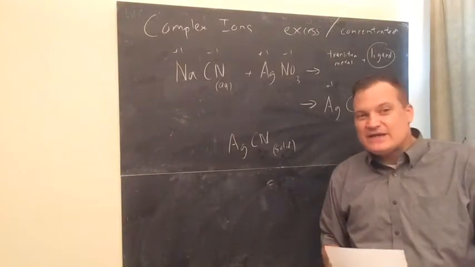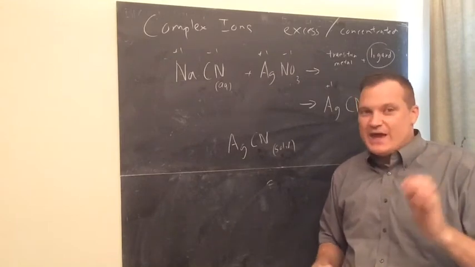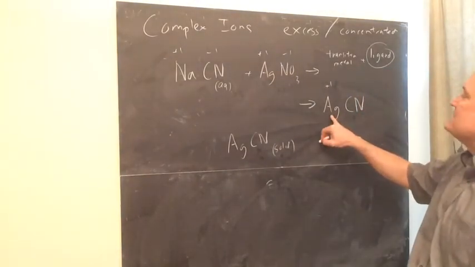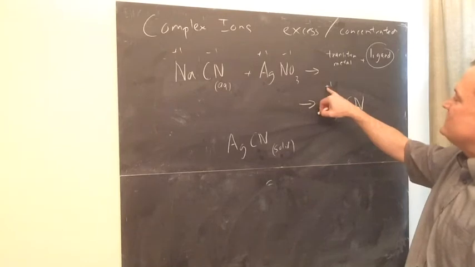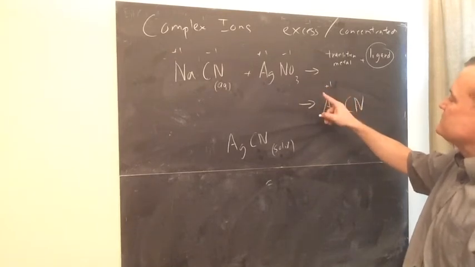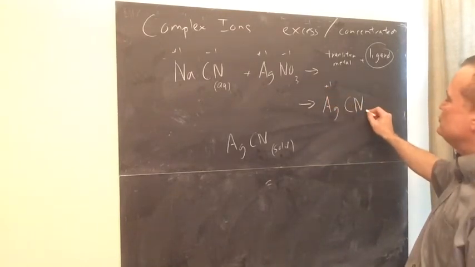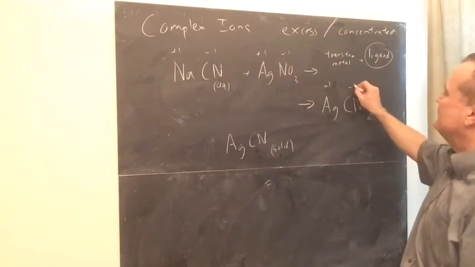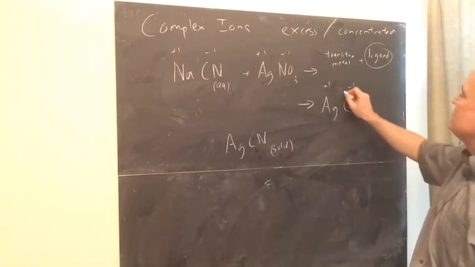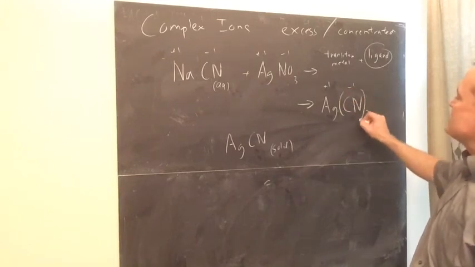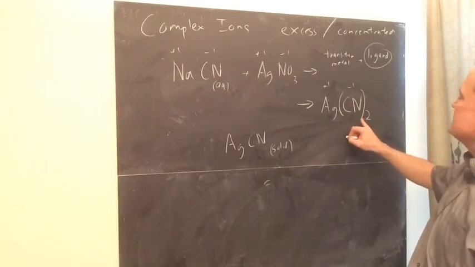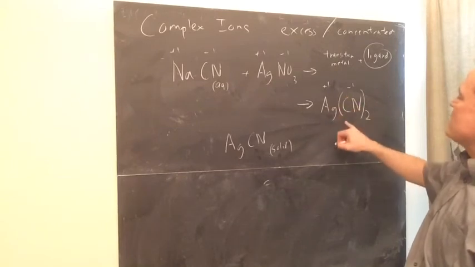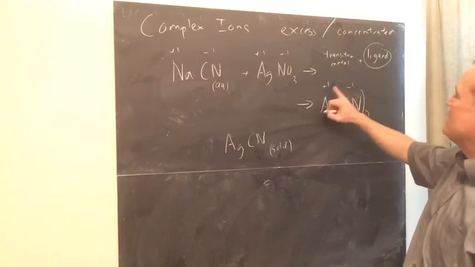Now, how many excess cyanides should you add? Well, the rule of thumb is you double the charge. If I double plus 1, that's going to be plus 2. I'm going to put 2 cyanides. Now, don't forget, each cyanide is -1. That did not change. But since I have 2 cyanides attached to silver, think about what the charge will be. -1, -1, and +1.